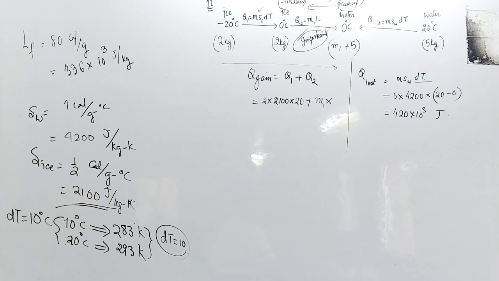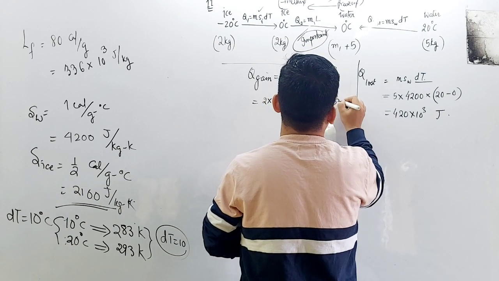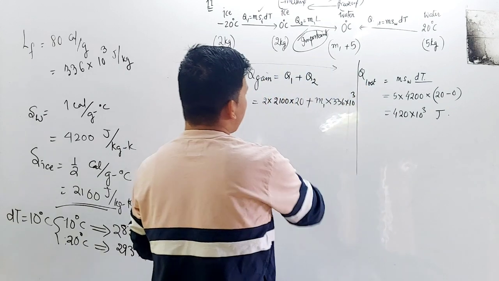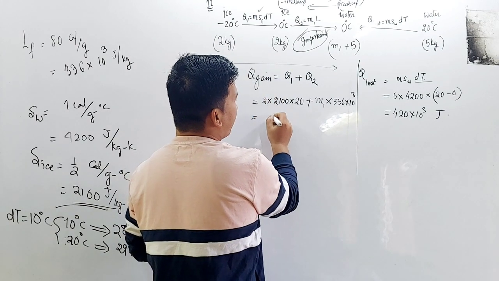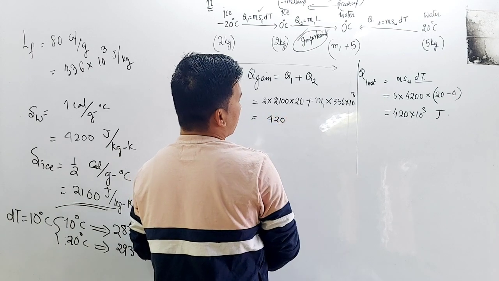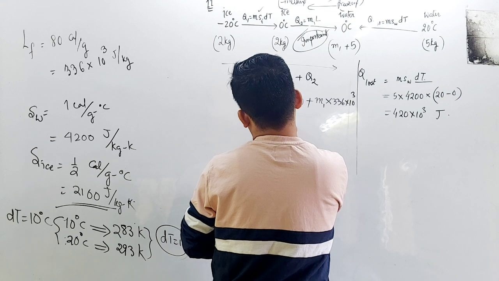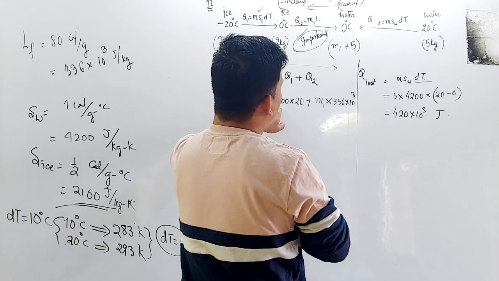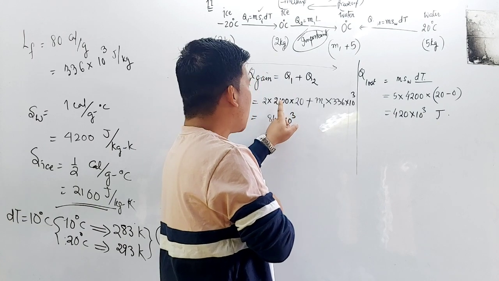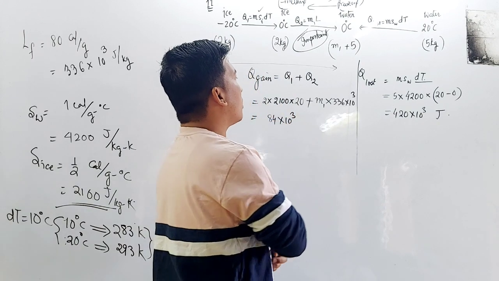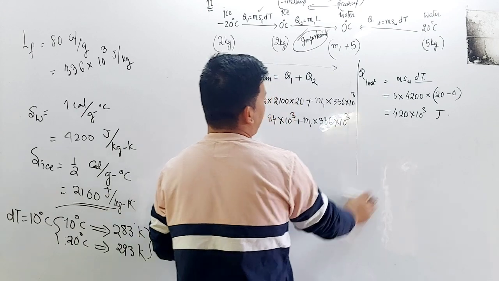We take the standard unit, therefore the heat loss will be equal to 420 into 10 to power 3. The heat gain will be 84 into 10 to power 3 plus M1 into 336 into 10 to power 3.